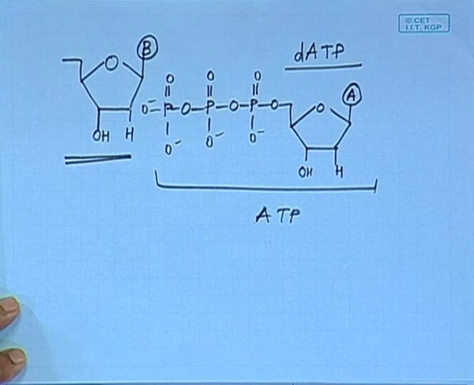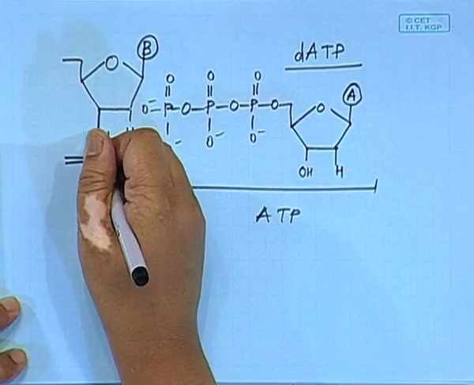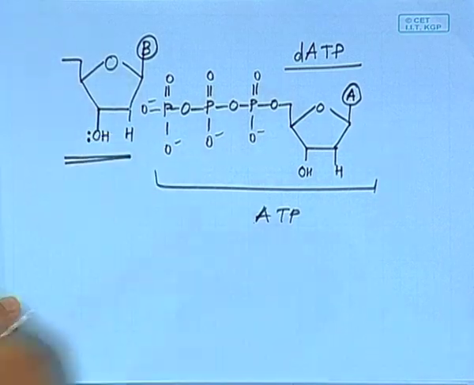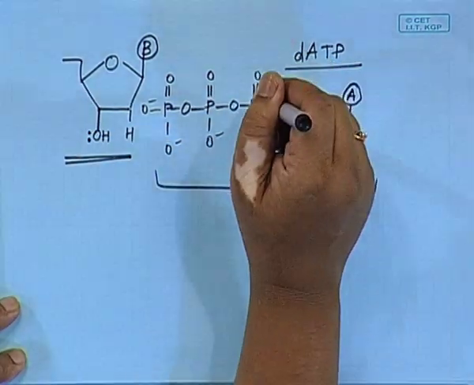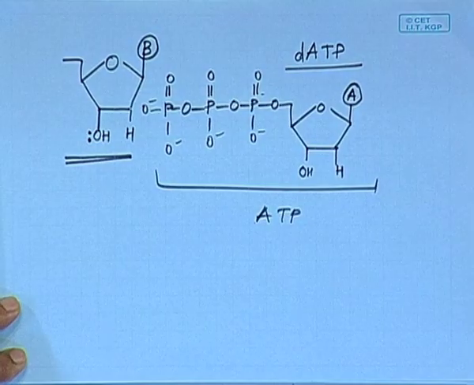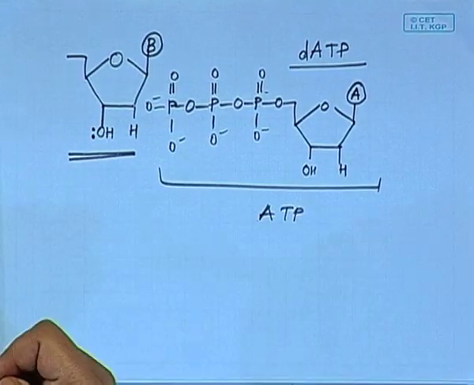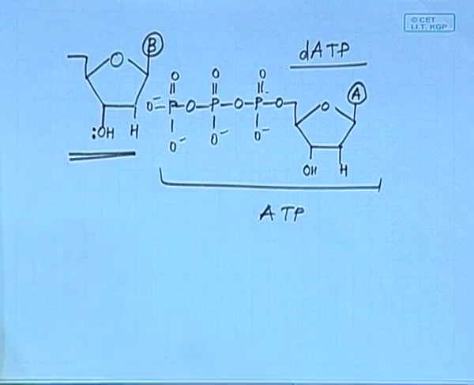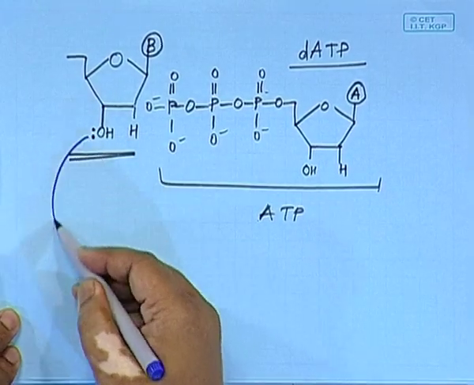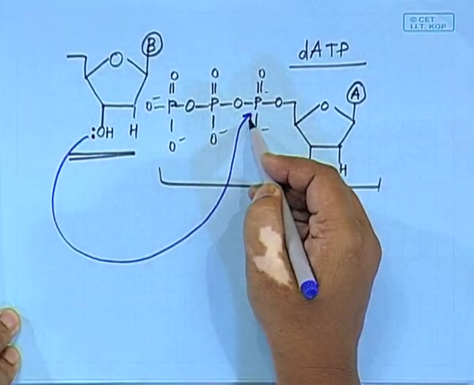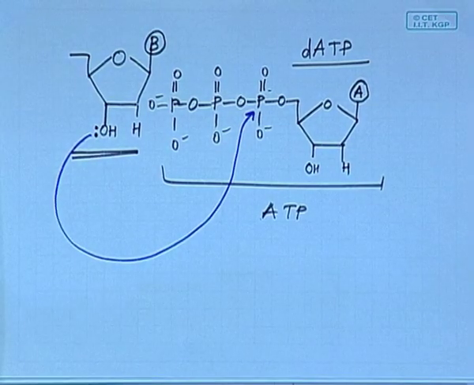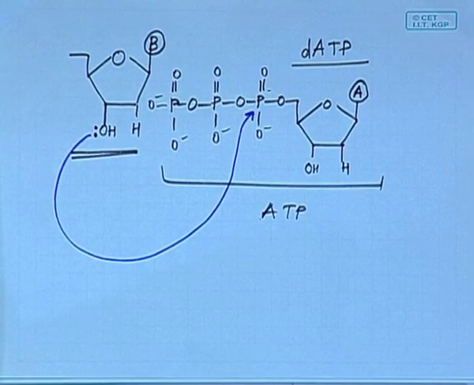What is happening now is this lone pair attacks this phosphate. Okay. So, what we have is this lone pair attacking this phosphate. What am I going to form then?